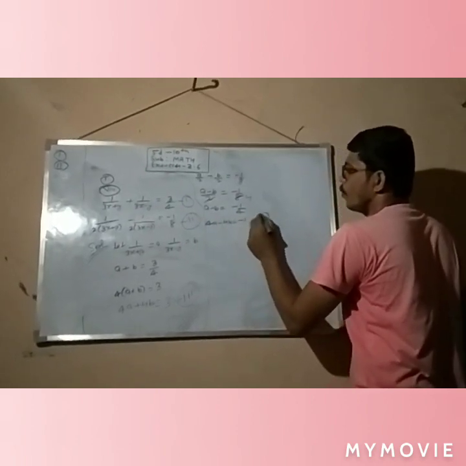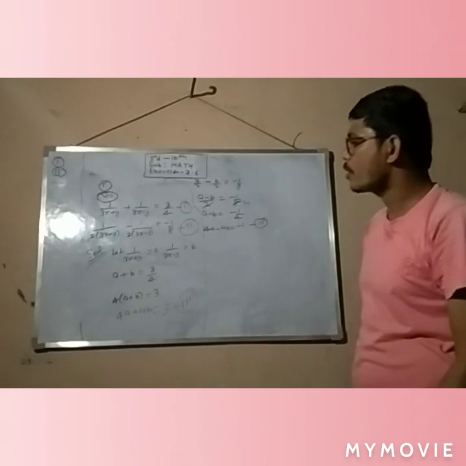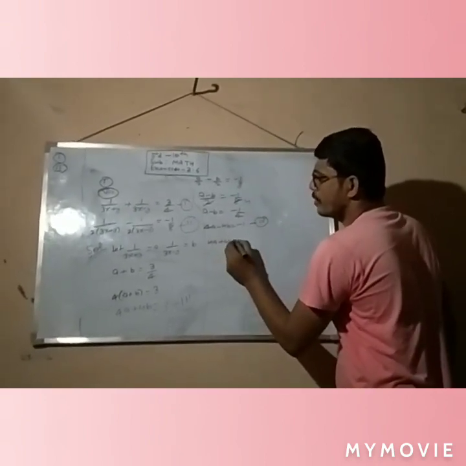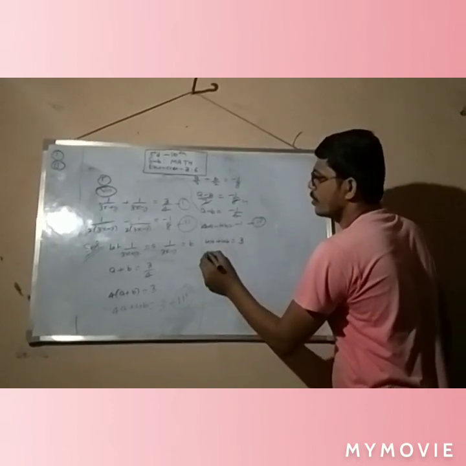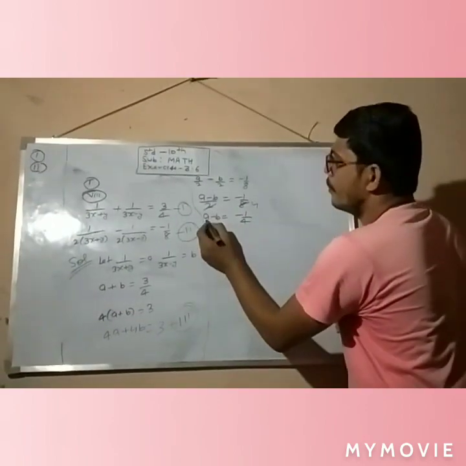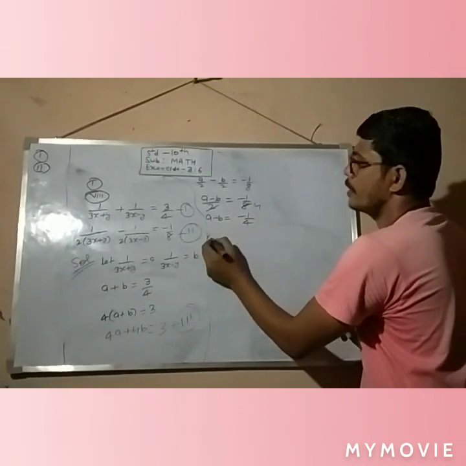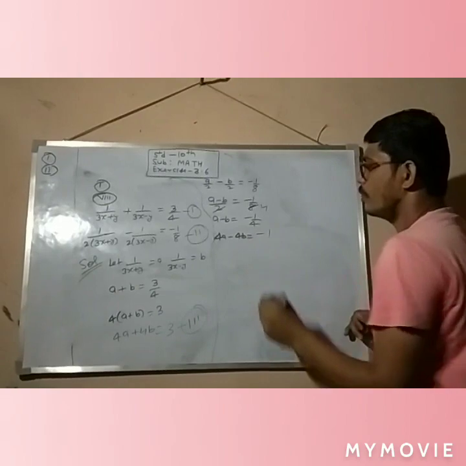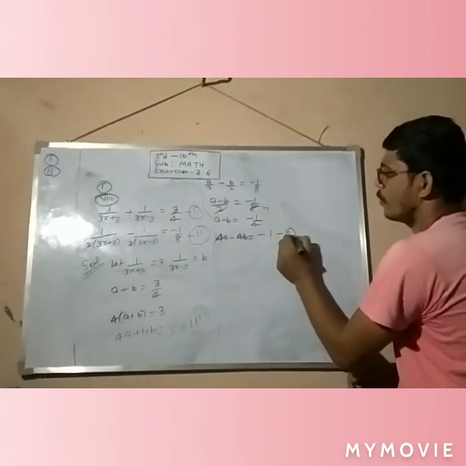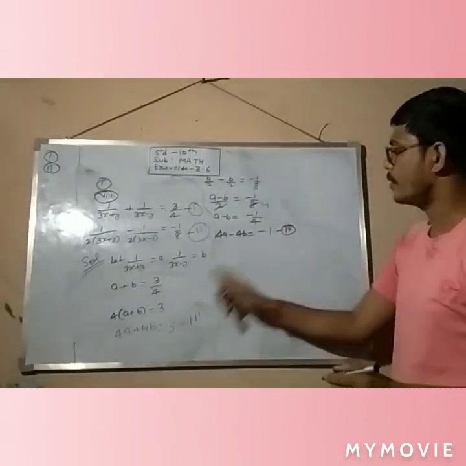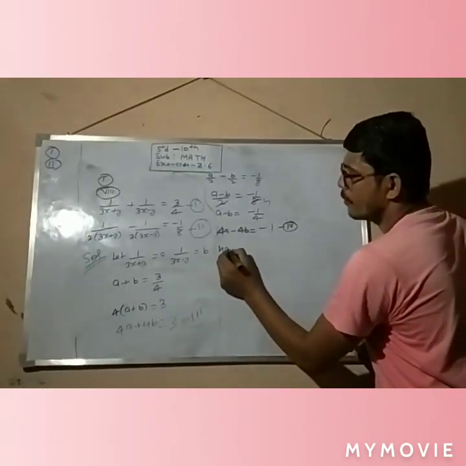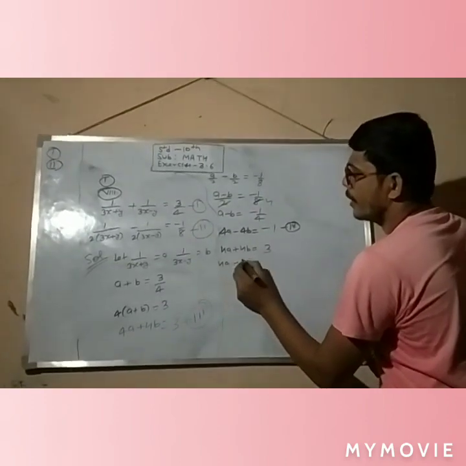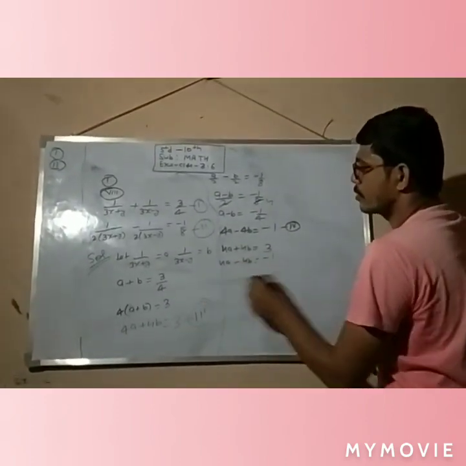This is equation number 4. On solving equations 3 and 4, we can write 4a + 4b is equal to 3 and 4a - 4b is equal to minus 1.